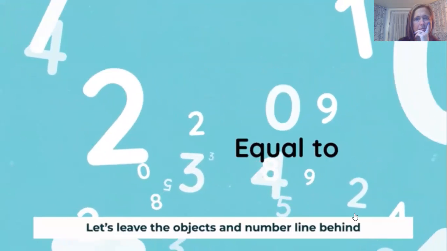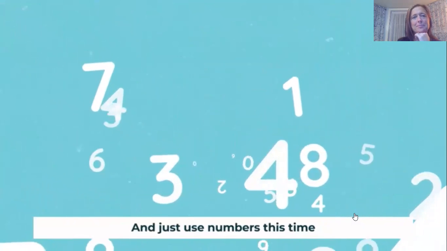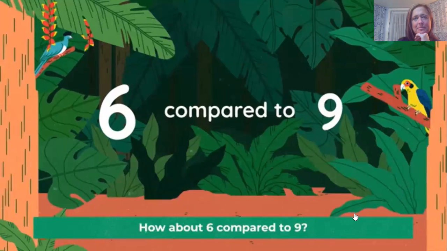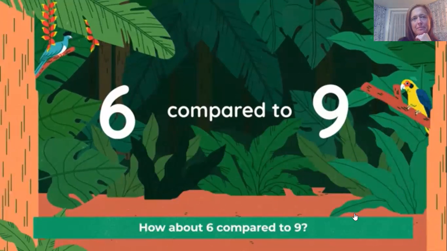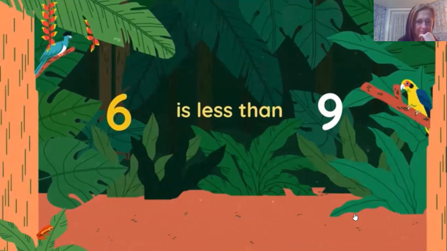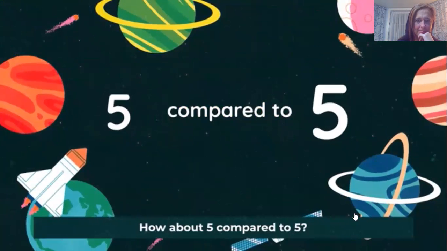Let's leave the objects and number line behind and just use numbers this time. How about 6 compared to 9? 6 is less than 9. How about 5 compared to 5?